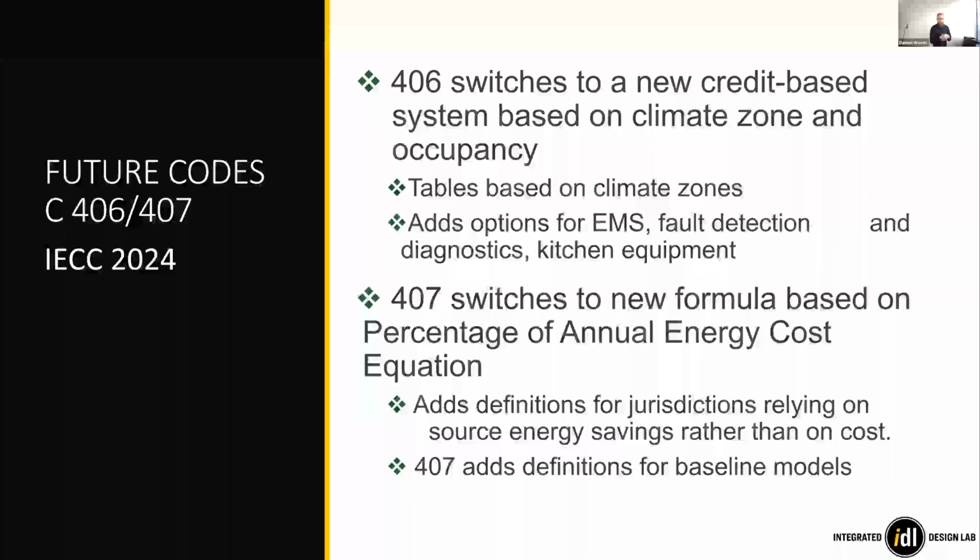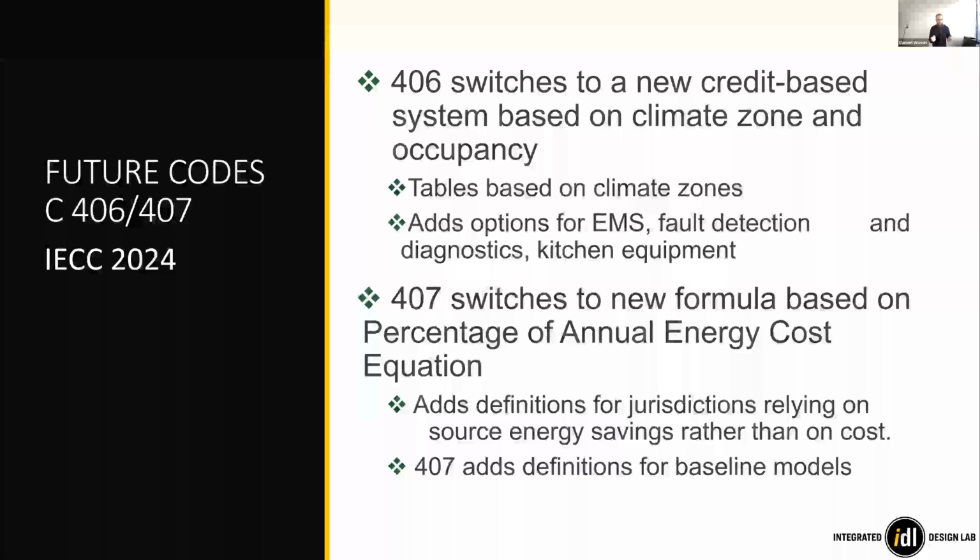It includes those extra options, like I just mentioned in 2021. 407 also switches to a new formula instead of just your performance model where the energy cost has to be 15% less. Now, because there's more efficiency options and some of those have energy cost savings, it's a new formula, which I'll get to on the next slide.